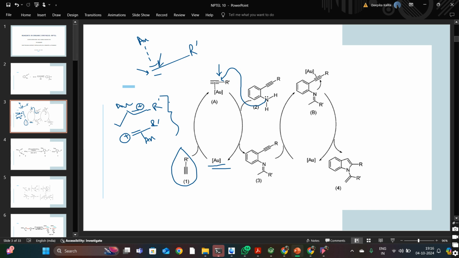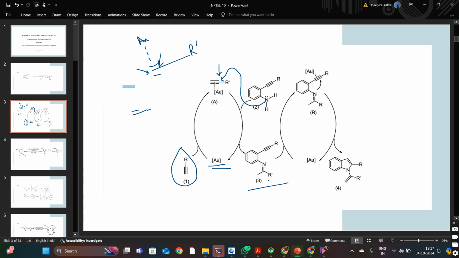Okay, so this is why the aniline which is incoming is going to attack at the more stable carbocation to give you this intermediate 3. Okay, so this imine we are going to generate by the reaction of the gold activated alkyne and the aniline.